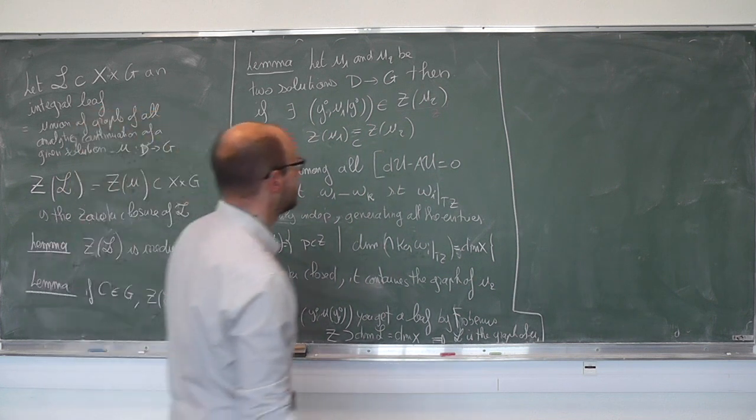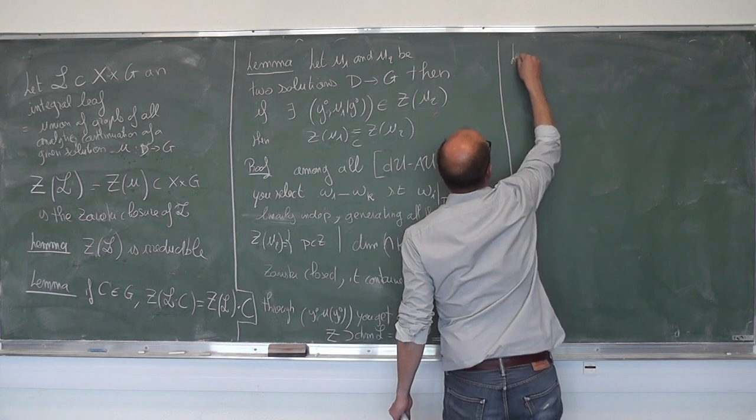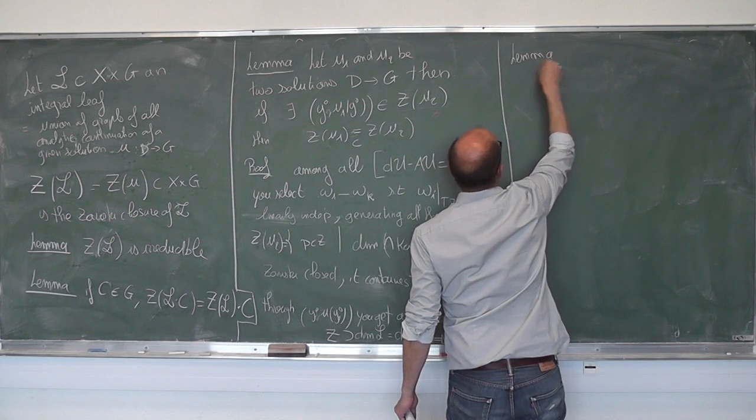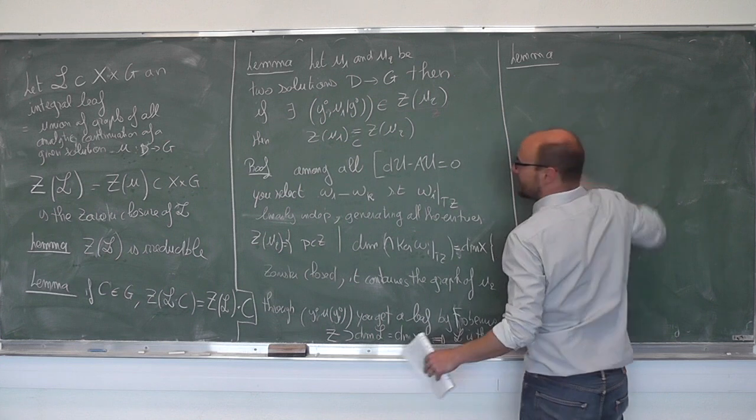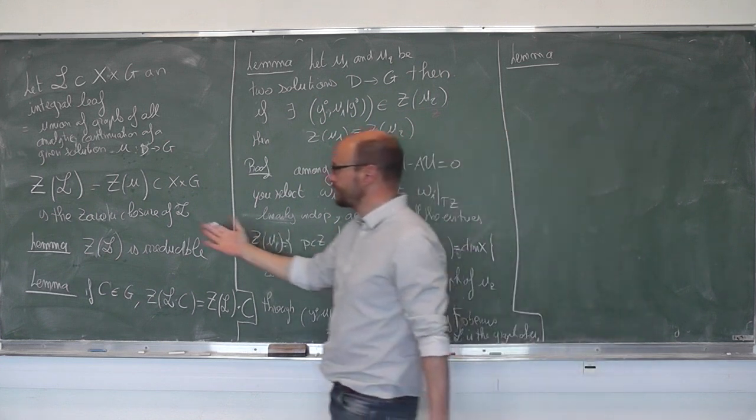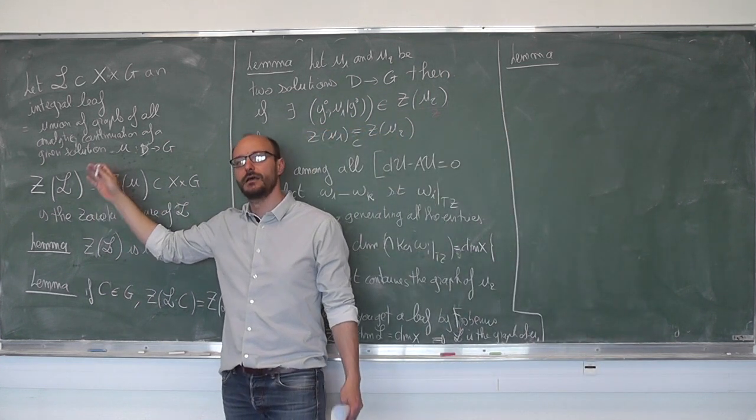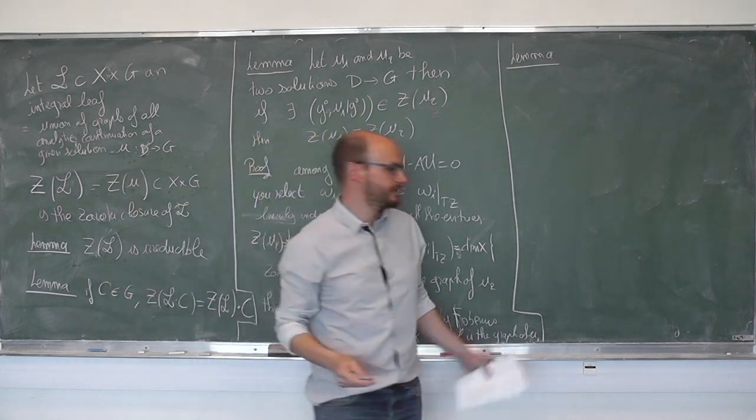Then, using this, you have new small lemmas that say that the set of all Zariski closure of these sets will give you a partition of your space.